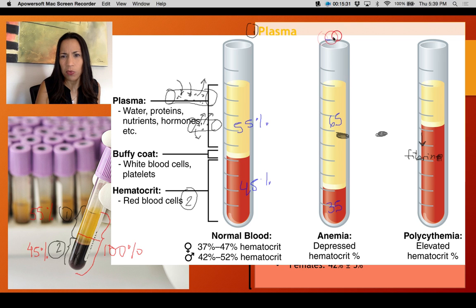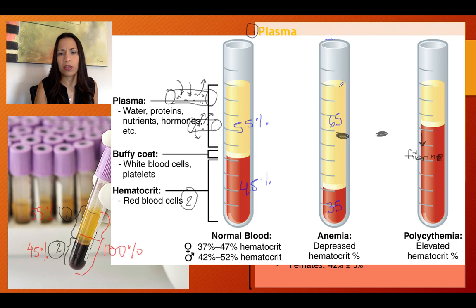Now the plasma will be up here. So it's like the red blood cells are normal in number, but they are diluted in there. So one is not a true anemia. This one is a true anemia. We have a small amount of hematocrit.